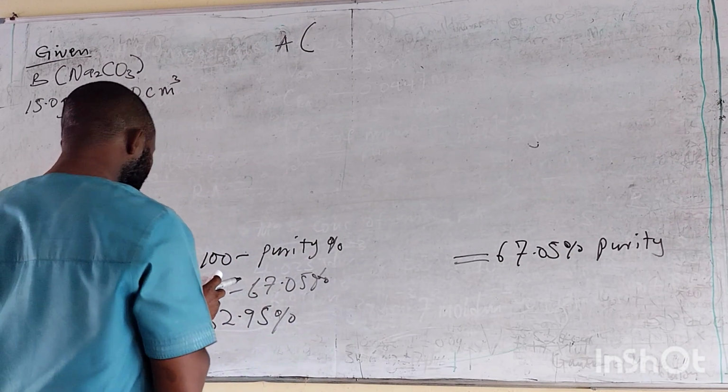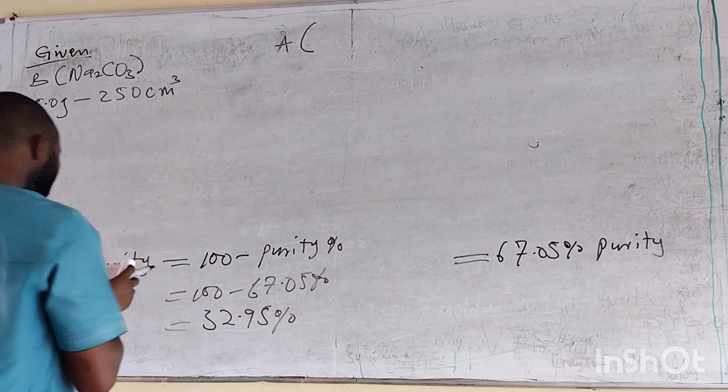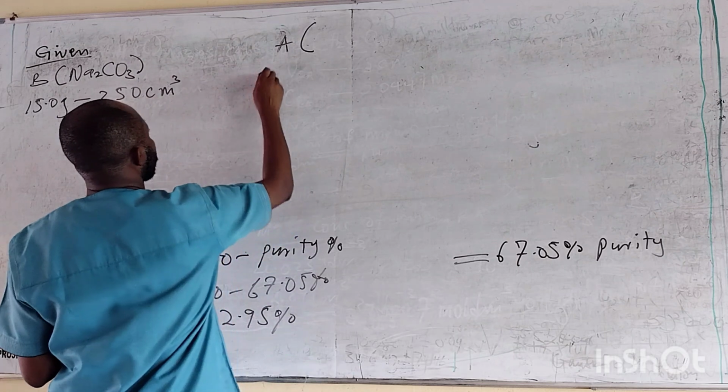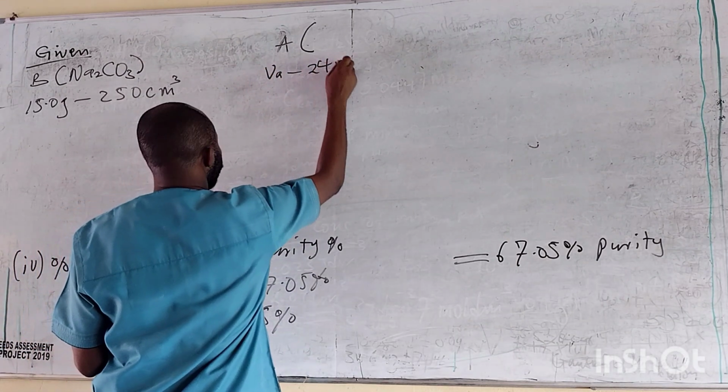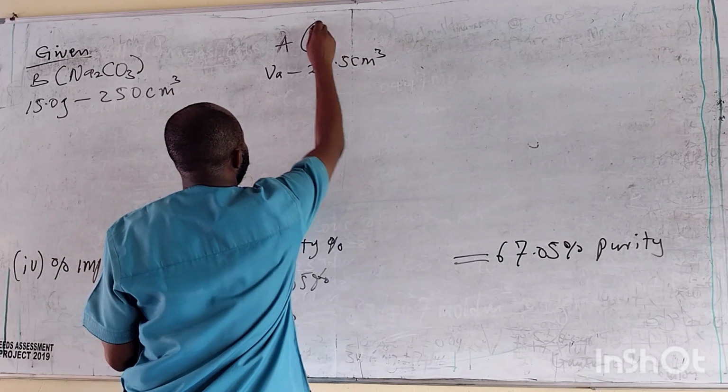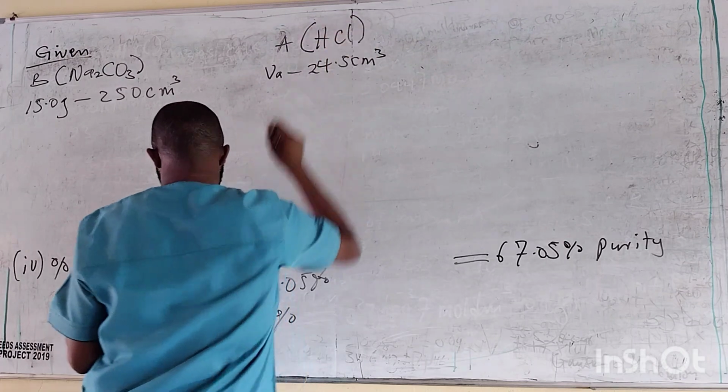So this is acid. The volume of the acid is 24.5 cm³ and the acid is HCl.